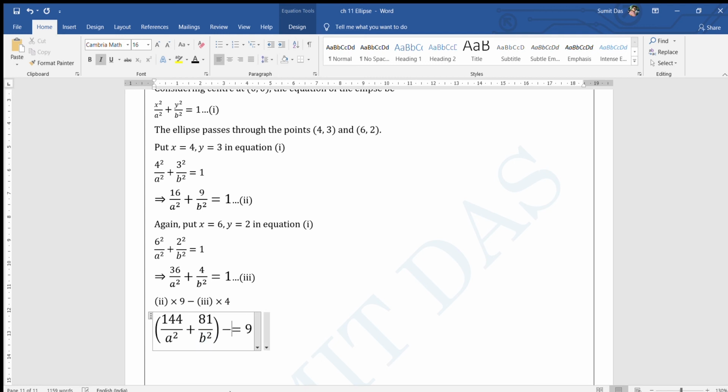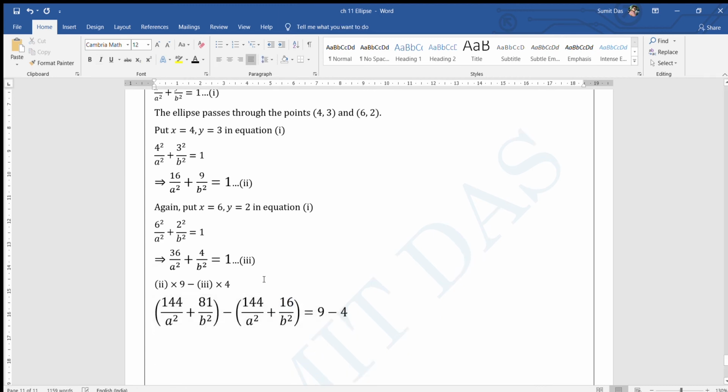Okay, minus, then this part we have to multiply 3 with 4. So 4 into 36 will be 144, and 4 into 4 is 16, and on the right hand side it will be minus 4.